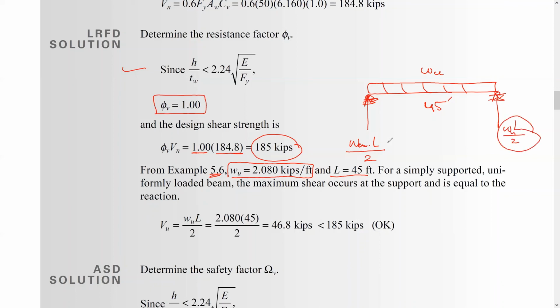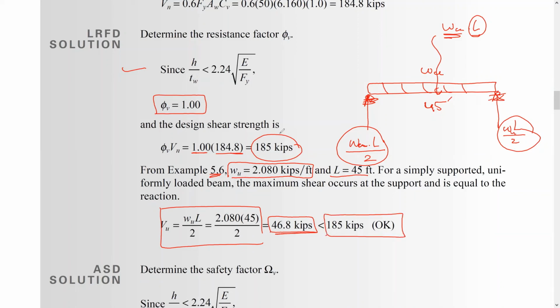These are the reactions. So calculating this, this is the applied or maximum shear we can get. This value is 46.8 kips, which is way less than the capacity of this beam. So this beam is okay based on the LRFD method.